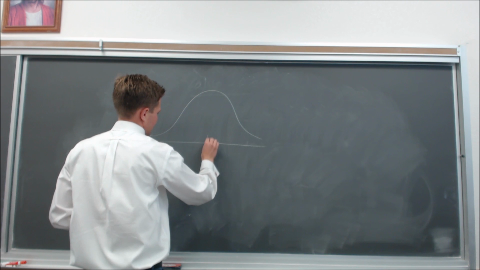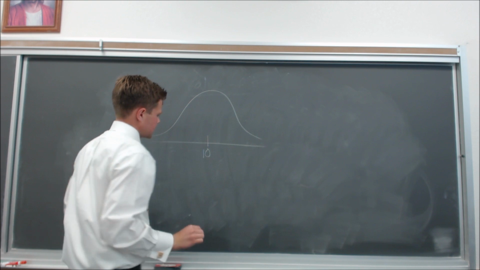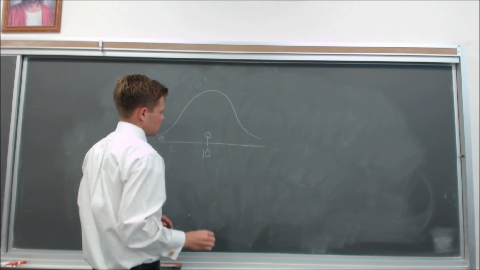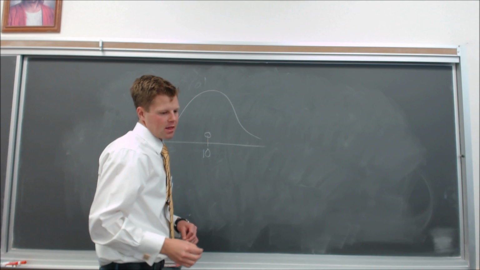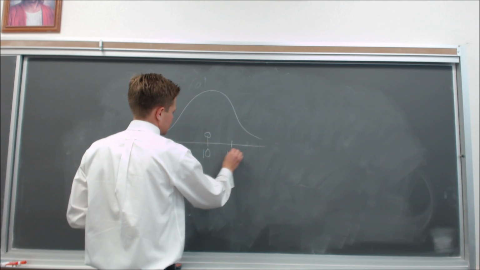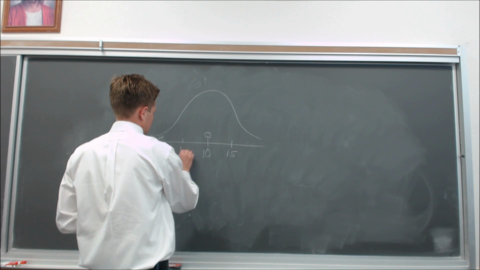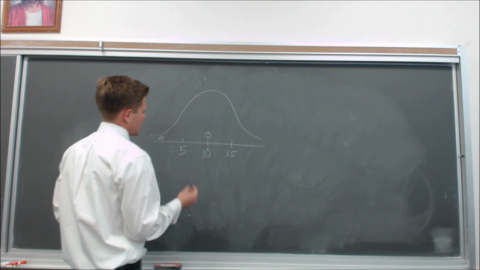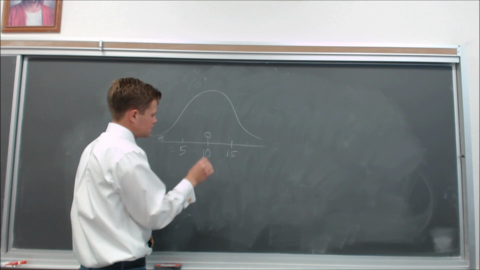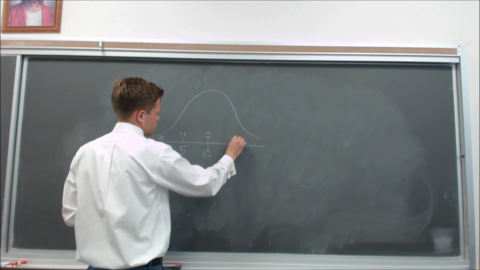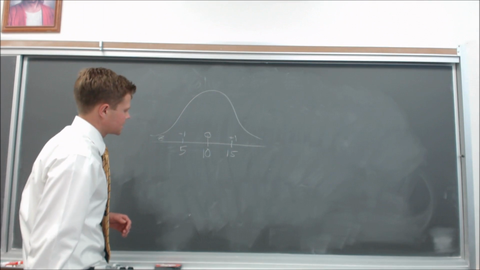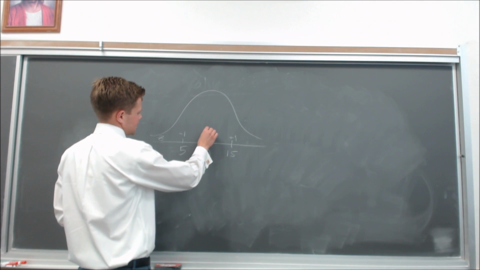They say it's normal and we have a 10 as the mean. Remember, this is a z-score, which I'll just write here, of 0. Now they want to know what is it between 15 and 5. And they also told us that the standard deviation, where z equals -1 and z equals +1, the distance is 5.